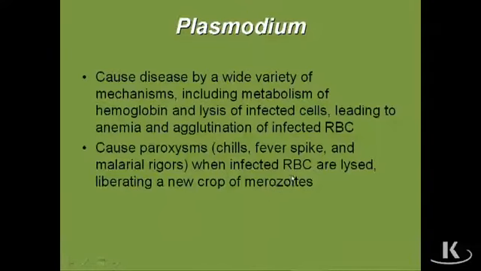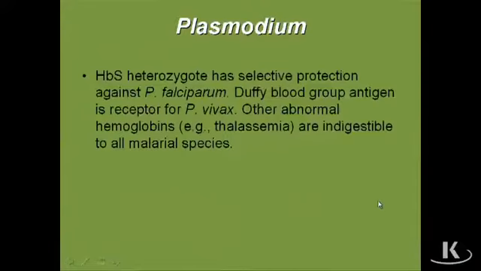Now, one other thing I'm going to mention about Plasmodium is that people with a sickle cell trait do have protection against Plasmodium falciparum, which is one of the reasons that you'll see sickle cell carried on in African American populations, because it does offer a selective advantage as far as protection from malaria. A couple of other random things to talk about.